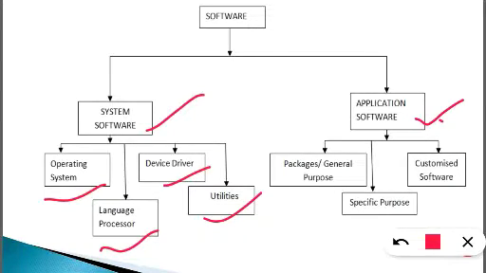And the application software is again divided into three parts. First is general purpose, then specific purpose, and the last one is customized software. This customized software is also called bespoke software.